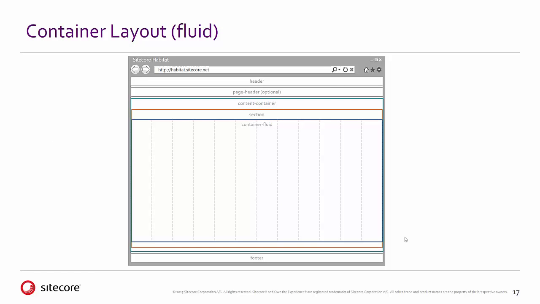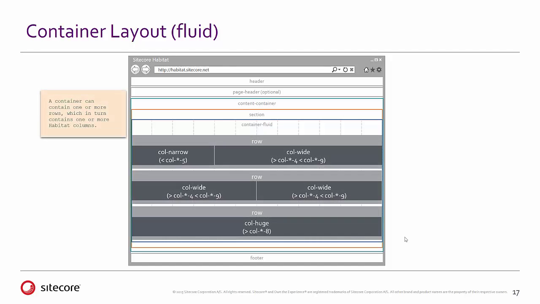If we take a wide container that spreads out across, then the rows and the columns that you put inside will stretch to the full width of the page. Imagine having a gallery where you have, let's say, three narrow columns with images in them, and as the browser expands out, the images will then scale to fit the width of the page all the time.